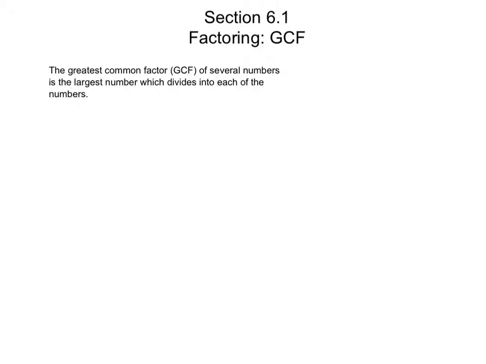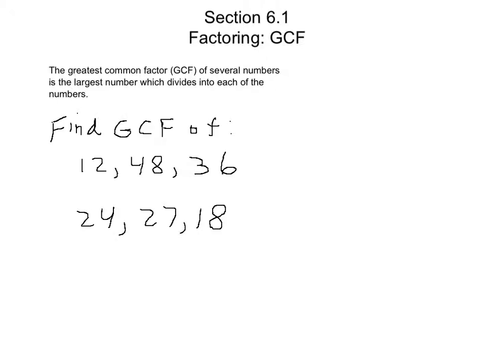So the GCF of several different numbers is the biggest number that goes into, or divides into, each of the numbers. So here's a couple of examples. If I'm looking for the GCF of 12, 48, and 36, I'm looking for the biggest number that goes into each of them.